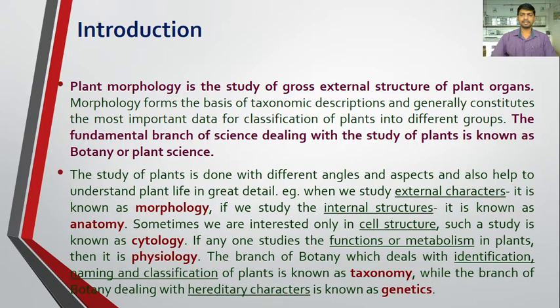If you are dealing with the identification, nomenclature and classification of the plant, it is taxonomy. When it is concerned with the study of hereditary characters, it is known as genetics. So these are the different angles and the aspects from which the plants has been studied in the various disciplines of the botany. And morphology is one of the discipline of botany where the study of gross external structure of the plant organs has been carried out.